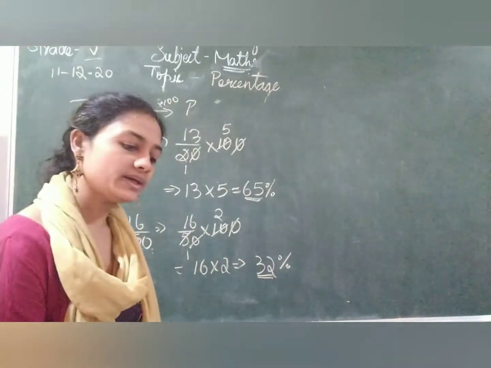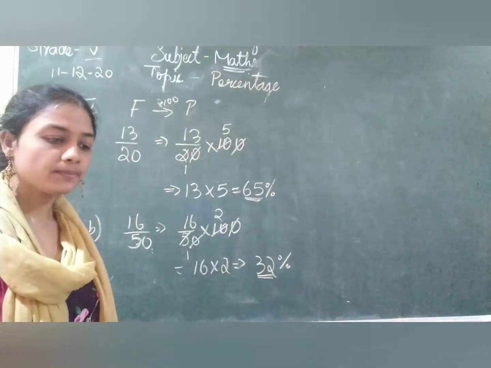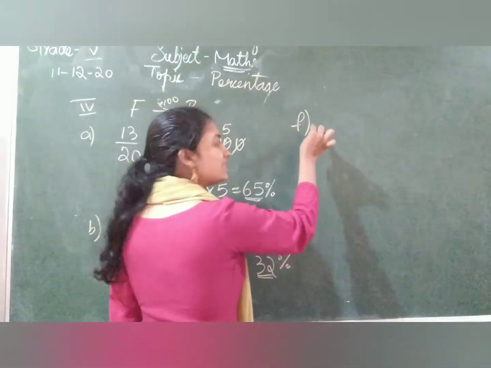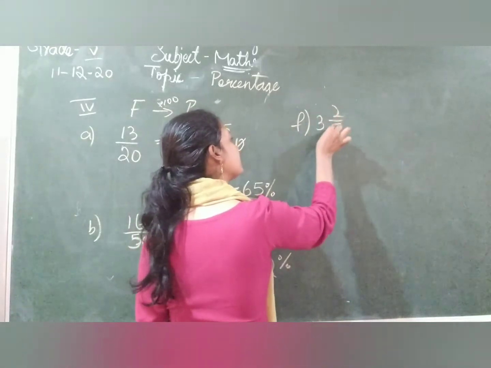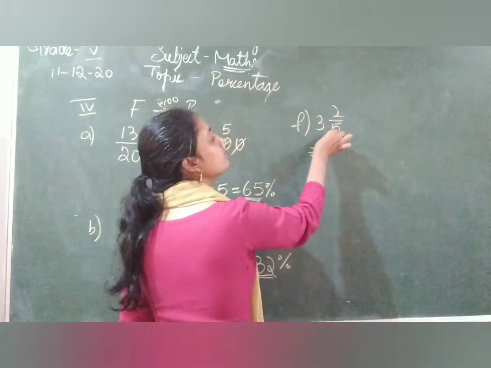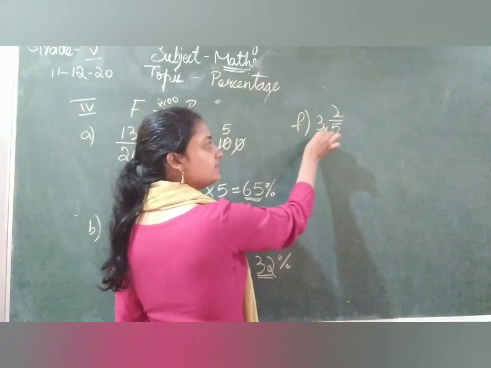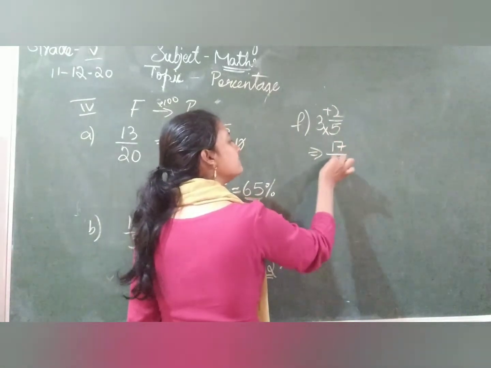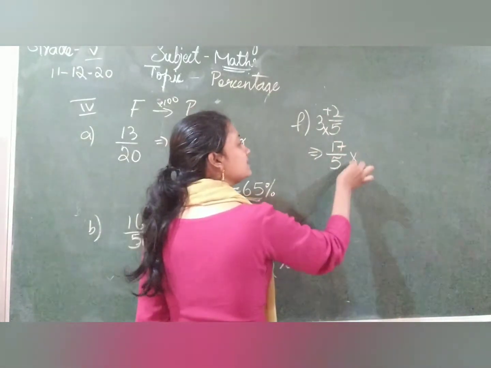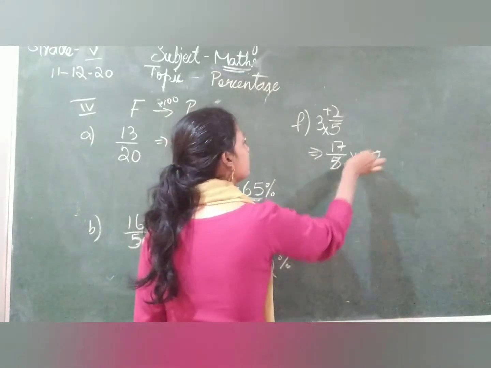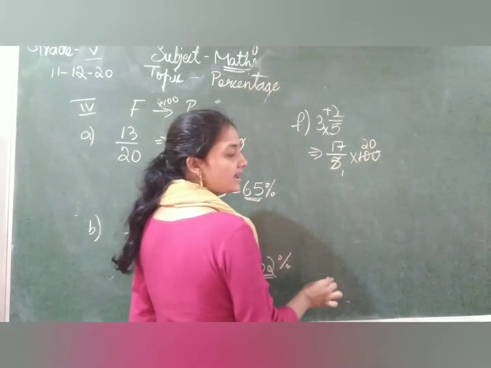So let me show you one of the mixed fraction type, the F. 3 2 by 5. First convert it into improper. 5 3s are 15 plus 2, 17 by 5. Multiply with 100. 5 1s are 5, 5 20s are 100.